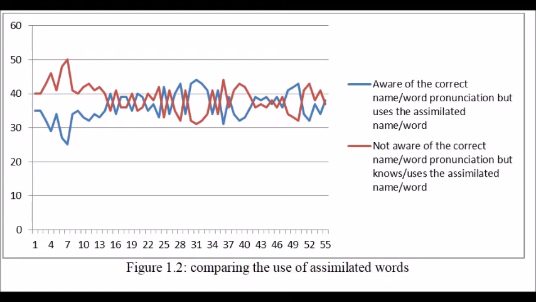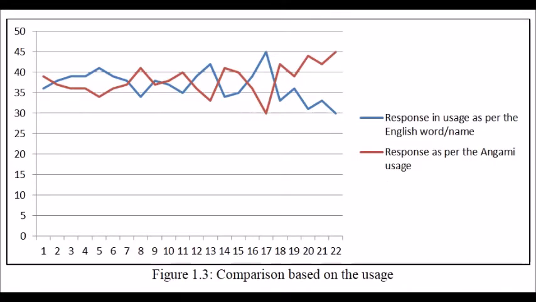The graphical representations that we have shown in figure 1 and figure 2 are derived from the data that we have collected in the first set of study, where we have used pictures for testing their pronunciation. Figure 3 and figure 4, the graphical representations, are derived from the second part of study, where we have used words or phrases.